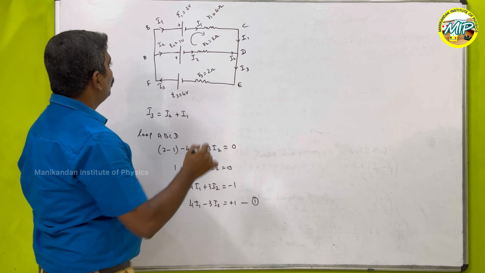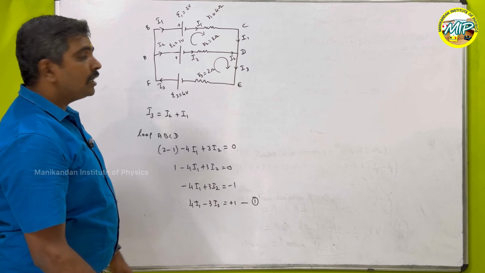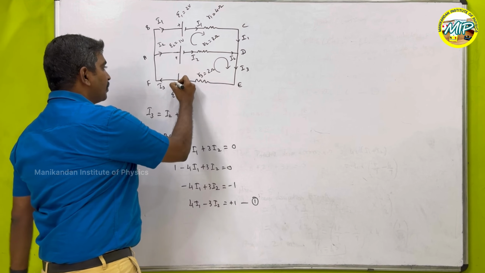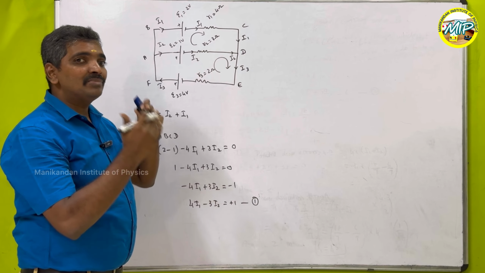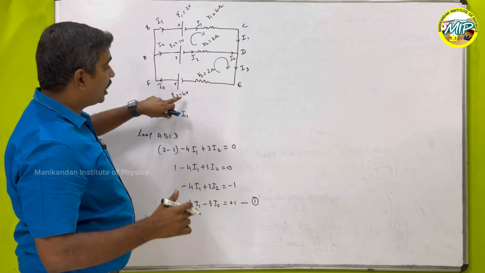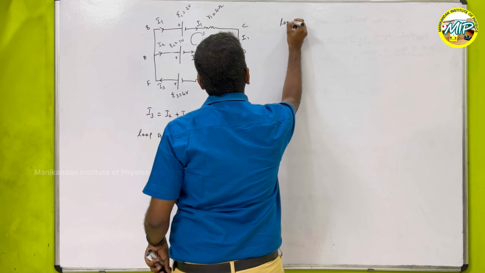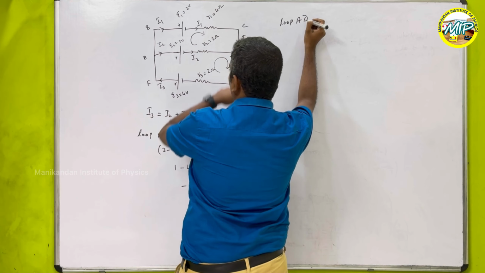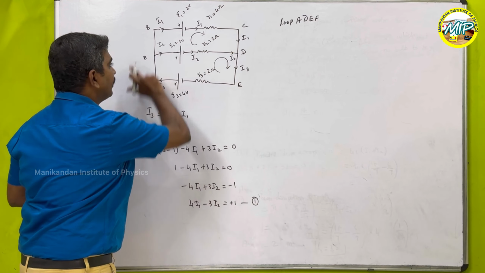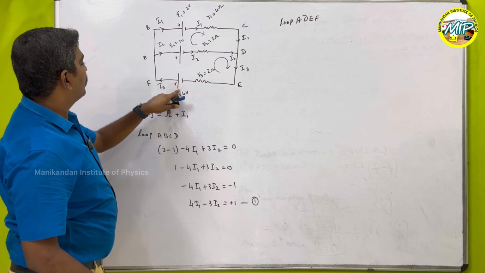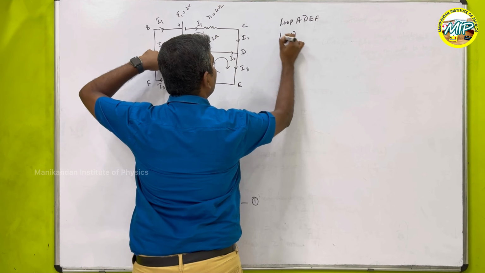Next I am going to consider a loop in this direction, right? Here we have 2 cells. This is positive and this is also positive, so these two positives are in the same direction. Same side subtract. So I am going to write high potential minus low potential. For the loop A, D, E, F, high potential minus low potential: 4 minus 1.